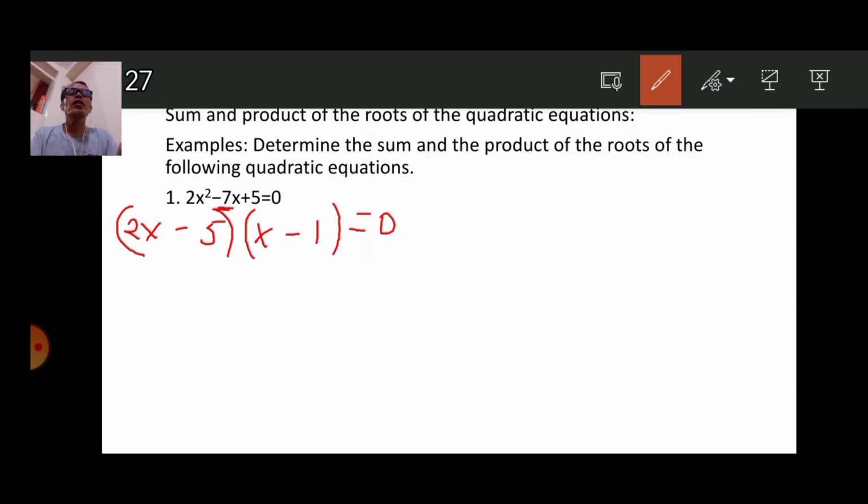Equating the factors to 0, you will have 2x minus 5 equals 0. Then transpose 5 to the other side, the equation becomes 2x equals 5.